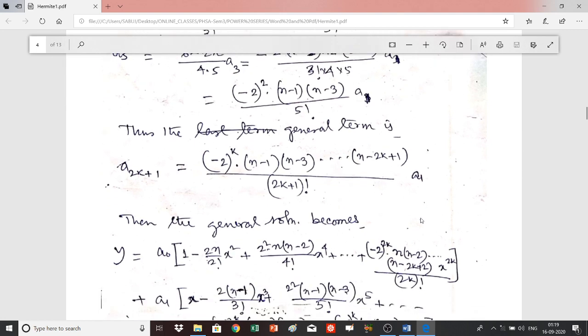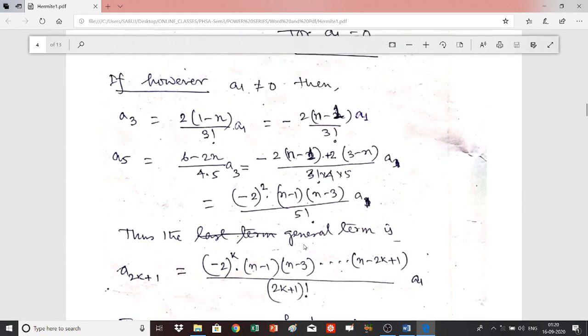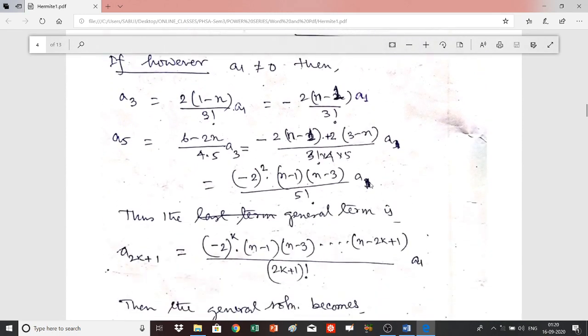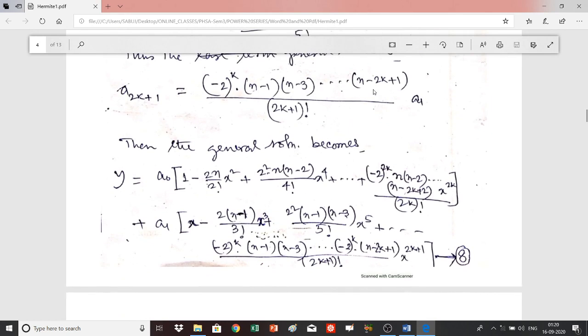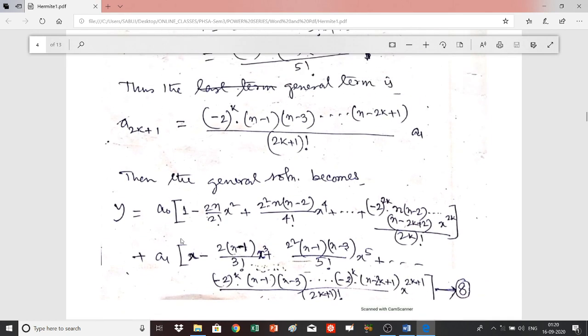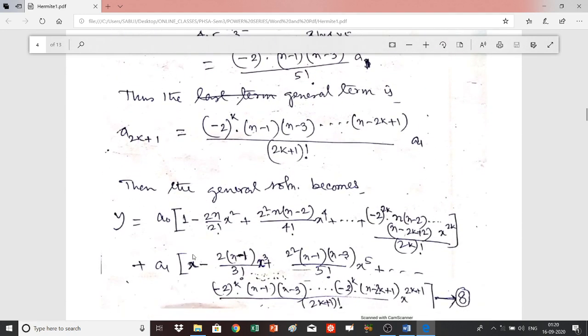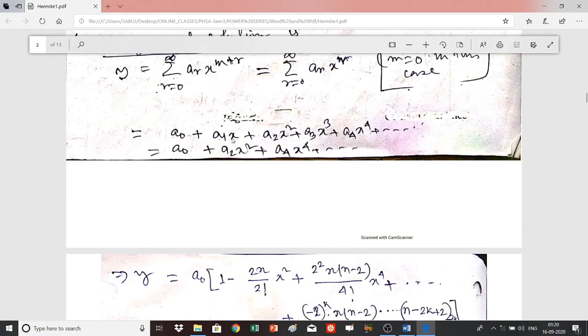So the general solution is nothing but the combination of the term that is given in equation 7, that means this entire term, plus the term that will come due to the presence of a1. The second term will be a1 into x, because x is there with a1.